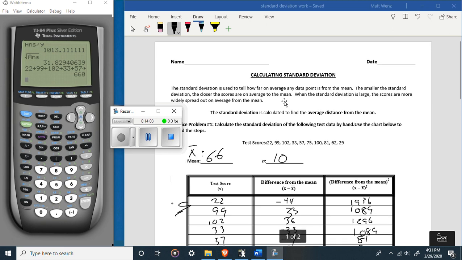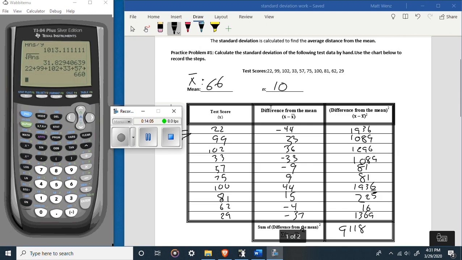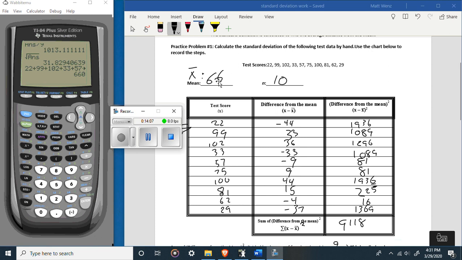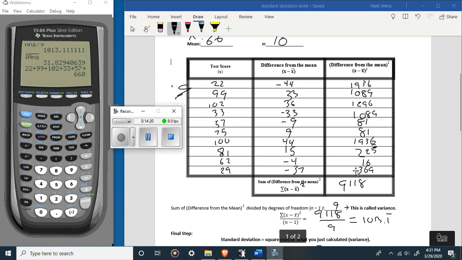So again, real quick, what did we do? We found the mean of these numbers. We found the number of entries. We put all of our entries here. We subtracted them from the mean. We squared our results and added all those together. That's summation, we just add all those numbers together.